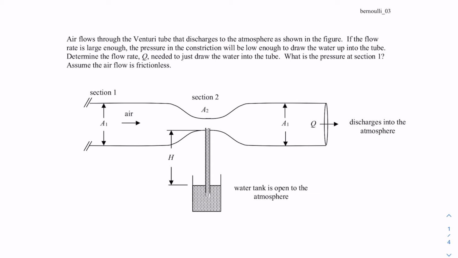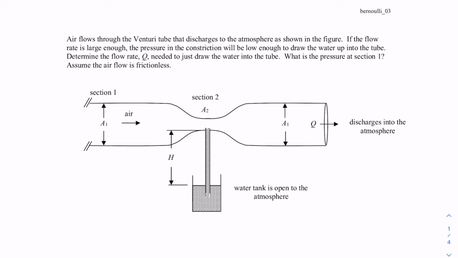In this problem, we are given a Venturi tube. A Venturi tube is just a tube with varying cross-sectional area such that the cross-sectional area first decreases, and because of this, the local velocity increases momentarily.